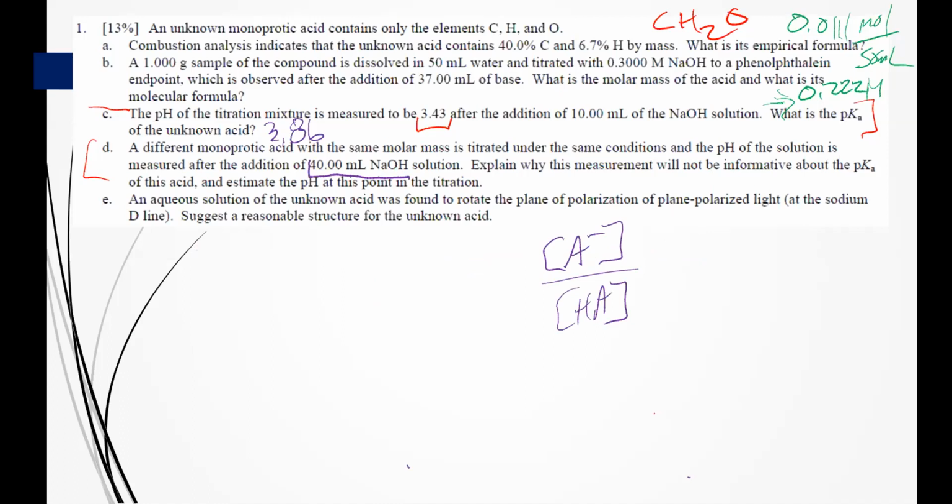Once we get past the endpoint, do we have any more of this HA still together? No, all of that has gone. So we actually can't use the buffer because this is gone. There's no more HA. The only thing that we have is A minus and hydroxide.